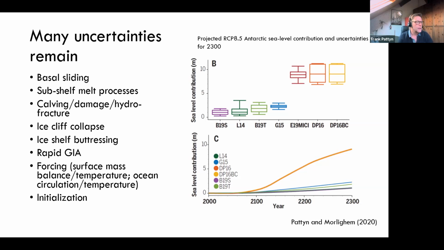If you look at the Larsen B breakup in the early 2000s by major hydrofracturing, I don't think we can reproduce such a breakup with a given forcing right now with ice sheet models.